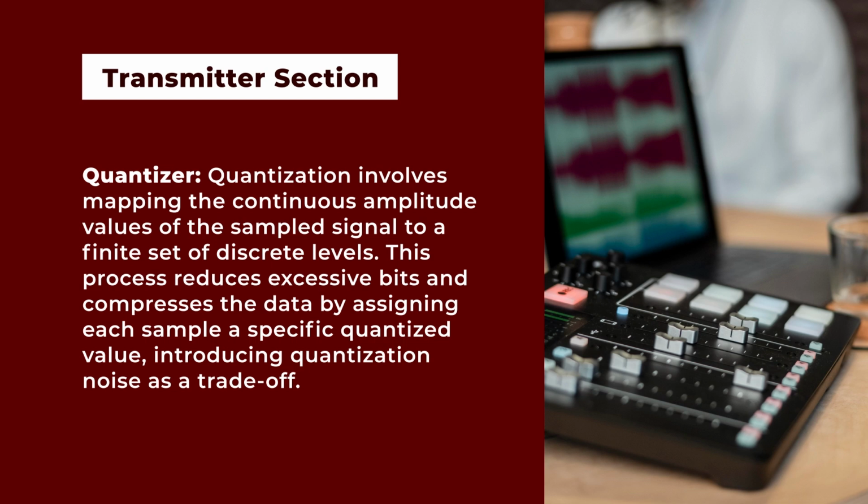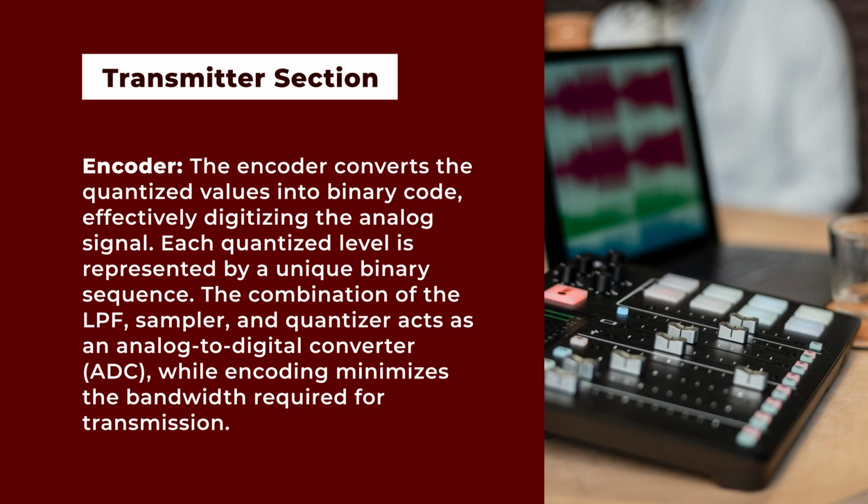Quantization involves mapping the continuous amplitude values of the sampled signal to a finite set of discrete levels. This process reduces excessive bits and compresses the data by assigning each sample a specific quantized value, introducing quantization noise as a trade-off. Now we discuss the encoder.